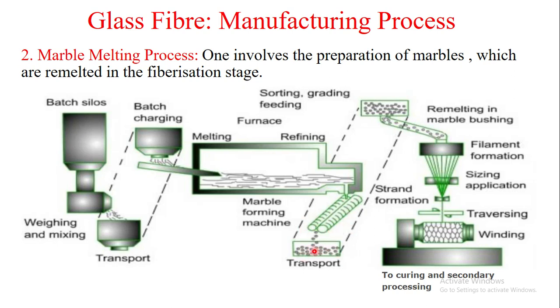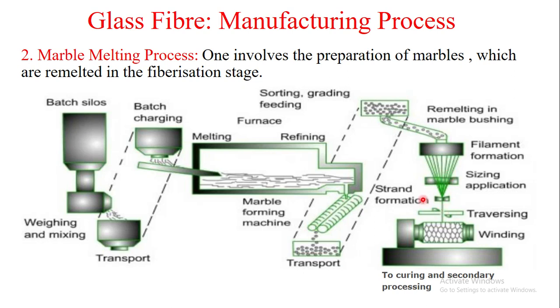This is marble material. Then again it is transported to this section by the conveyor, melting in the marble bushing. In here, the melting process is applied again. Then filament formation looks like this, with sizing application, meaning we can adjust the size of the filaments.